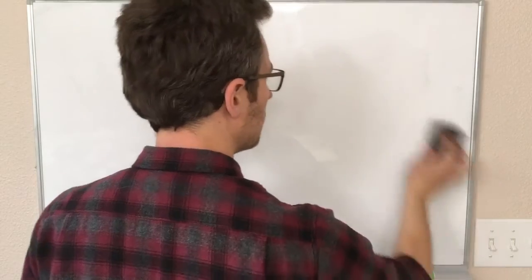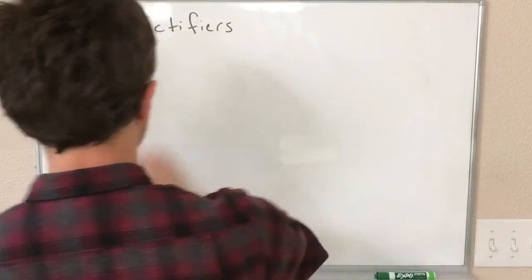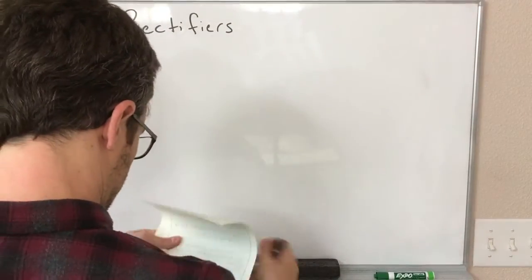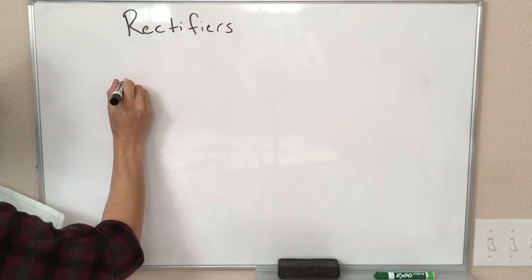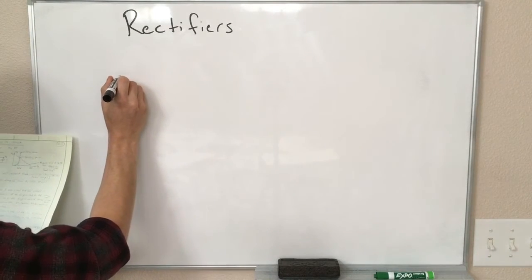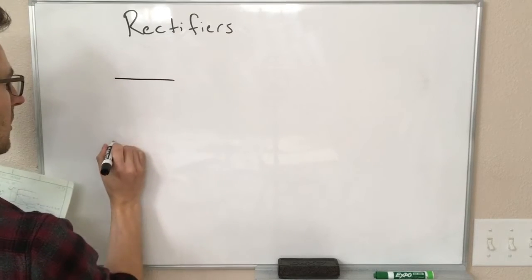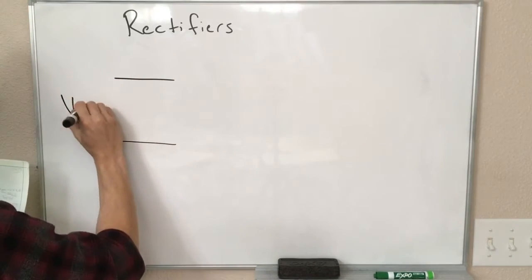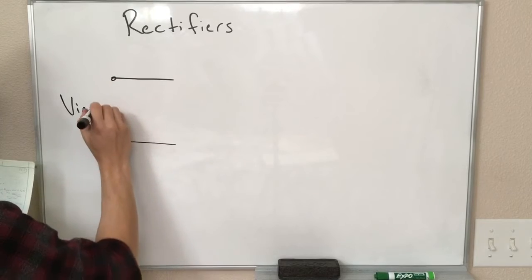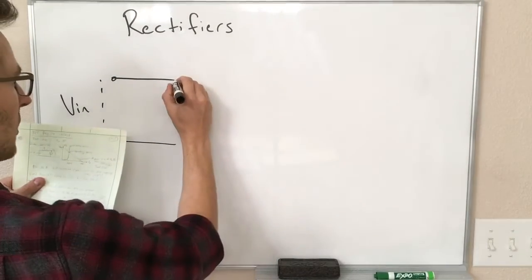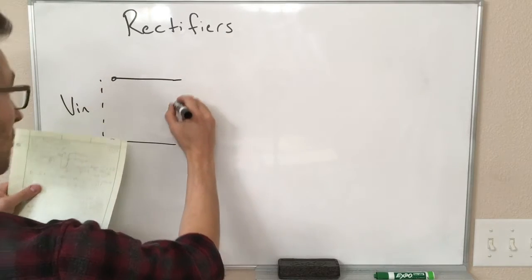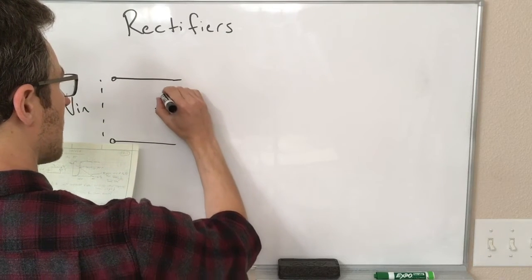Similar in spirit, but a more complicated circuit. So here, our input voltage is not going to be relative to ground. Our input voltage is going to be between these two wires. And we're going to construct what's called a bridge from our diodes.